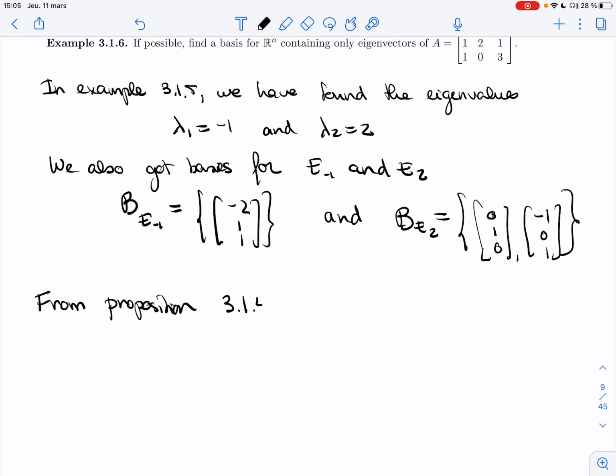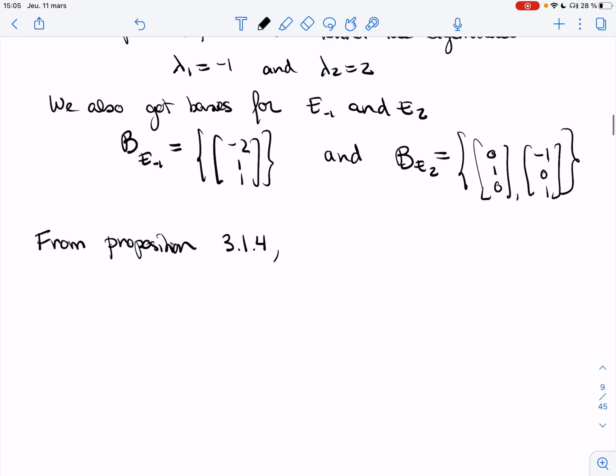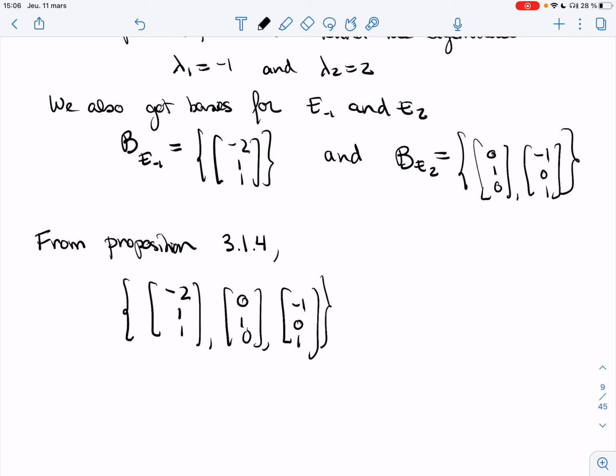From proposition 3.1.4, if I take -2, 1, 1, 0, 1, 0, and -1, 0, 1, this is linearly independent. So you cannot use vectors of different eigenvalues to build an eigenvector.